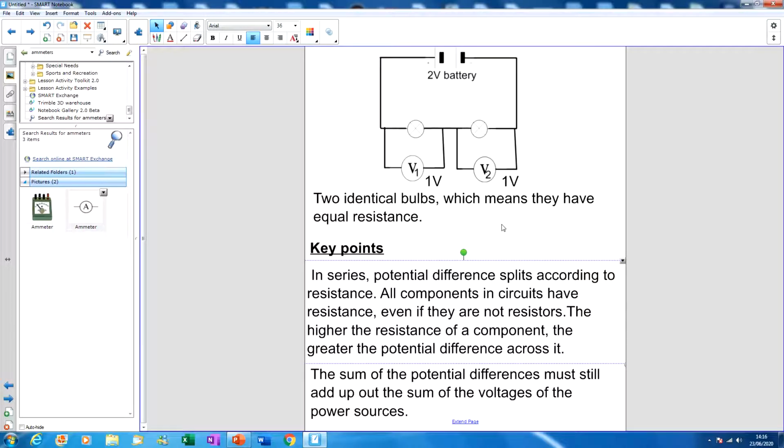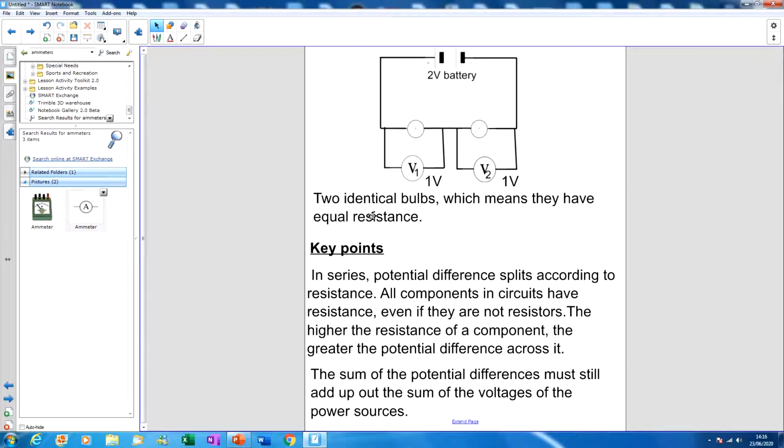So really key points, in series all potential difference splits according to resistance. All components have resistance, even if they're not resistors. The higher the resistance of a component, the greater the potential difference across it.